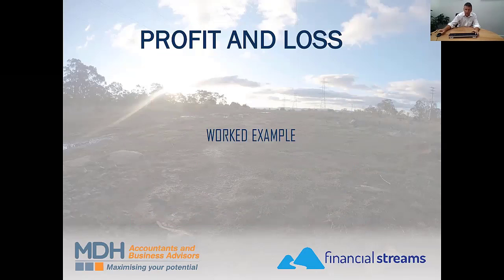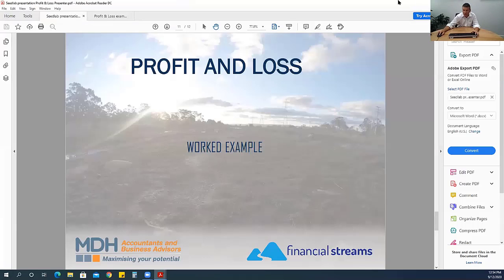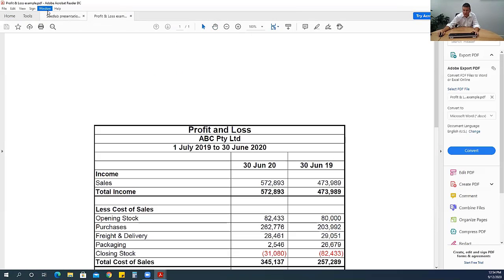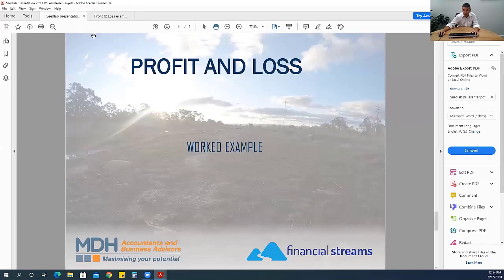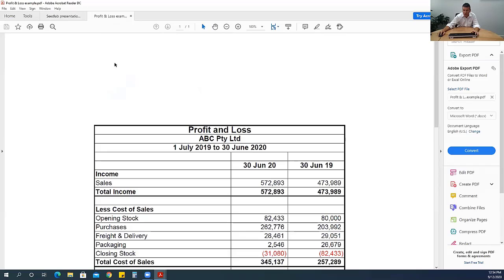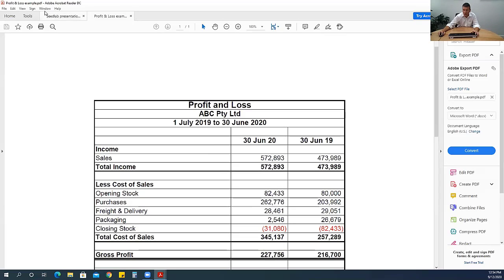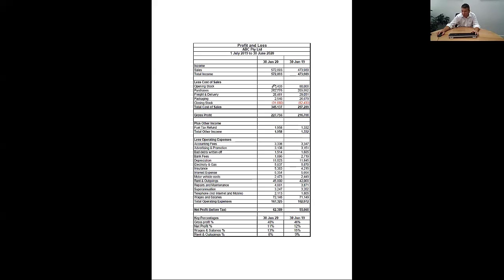So I'll just try and flick up a worked example. A bit small, hopefully people can read it.